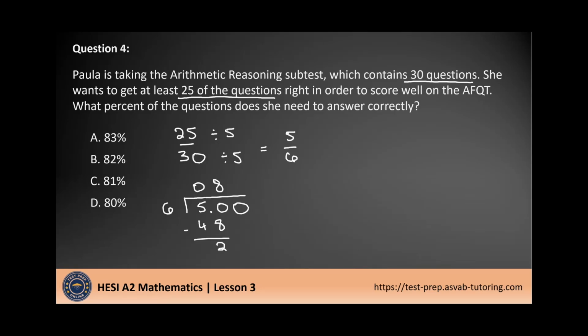Subtract, you get 2. Bring down our 0. 6 goes into 20 3 times. 3 times 6 is 18. We get a 2. We make another 0 here. We're going to get 20 again. And so we see that this pattern is going to repeat forever. We're just going to get more and more 3s.